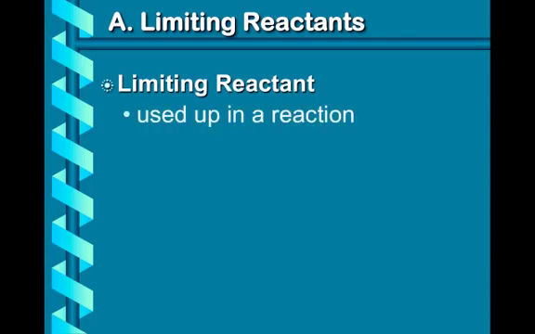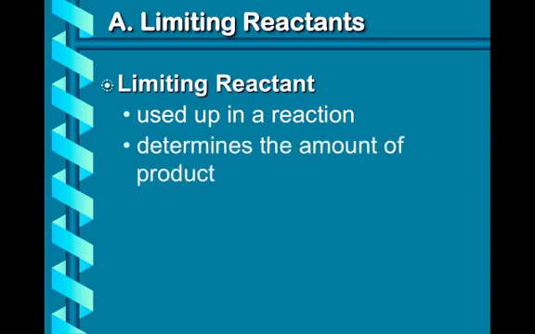The limiting reactant is the reactant, and remember, reactants are found on the left side of the yield sign, that is completely used up in a reaction. And this determines the amount of product. The limiting reactant is the one that we completely use, and it tells us the maximum amount of product that can be produced.